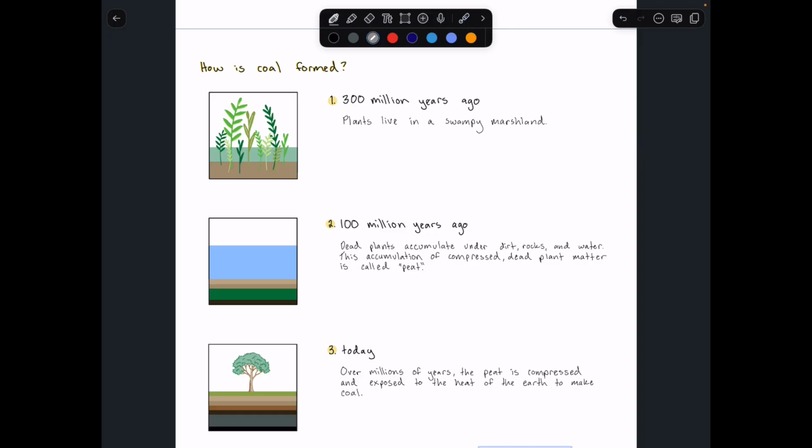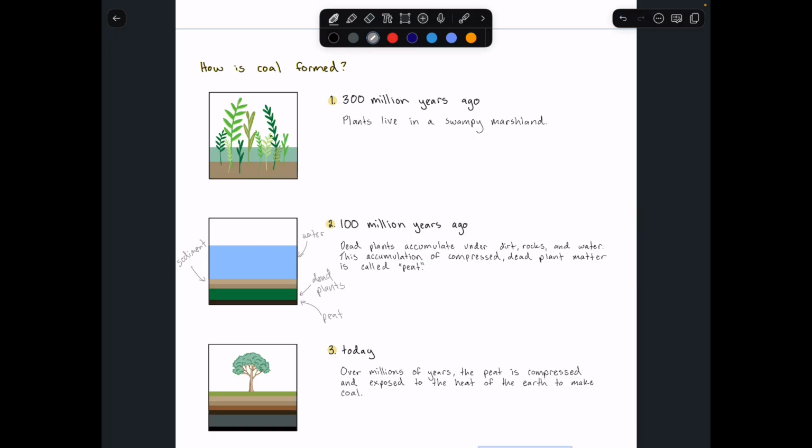And here, let me just label my diagrams. So this dark brown layer here is supposed to be the peat. This green layer here is supposed to be the dead plants accumulating. This brown part here is supposed to be the sediment. And here's the water.